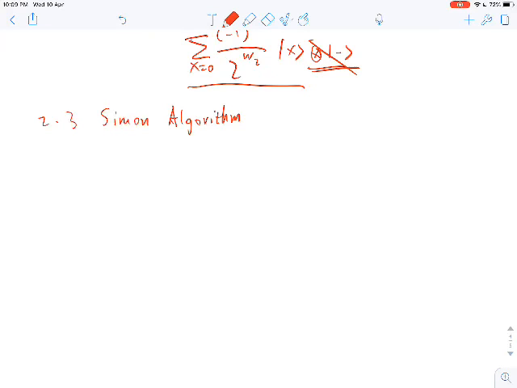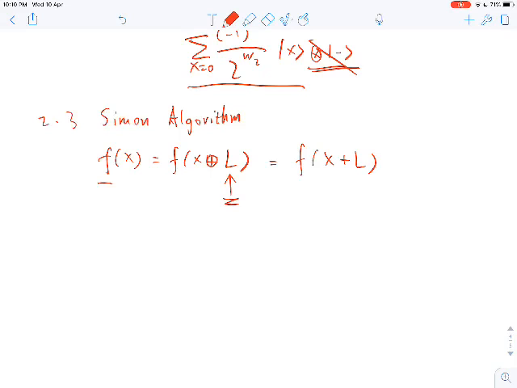In this algorithm, the problem is that we have a function f(x), where f(x) equals f(x XOR L) for some other string L. We know f, and we want to solve for L. As I said, in the binary world, XOR is just a plus operation, so we can treat it as a periodic function and solve it like a periodic function.